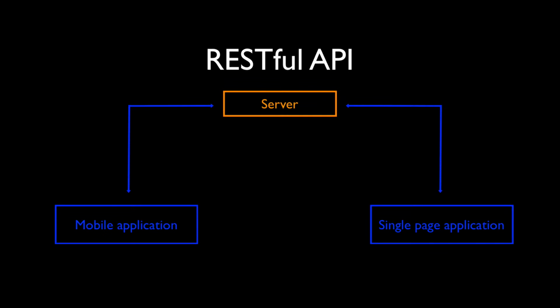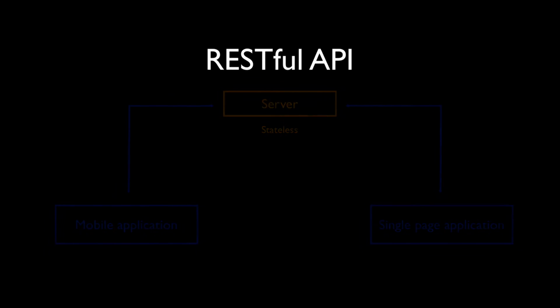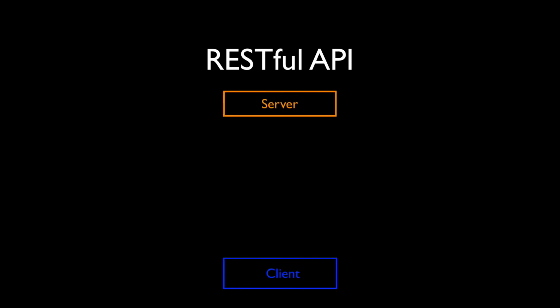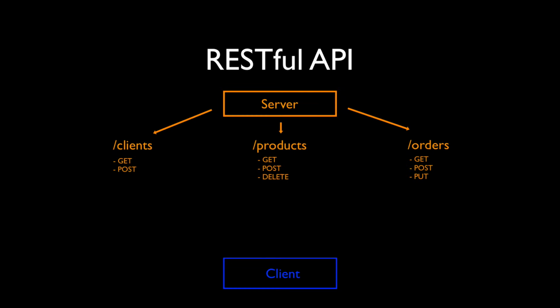And very important to notice, a RESTful API server is stateless. It doesn't care about individual clients that are connected to it. So, we have a client and we have a RESTful server with these endpoints. These are URLs supported by our server. Then each of these URLs might also support different actions defined by HTTP verbs.